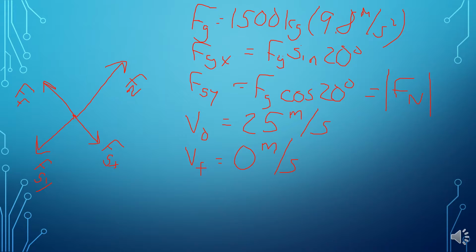And what I don't know and what I'm looking for is the displacement. I don't know that yet, and that's what I want to figure out. I apologize for my chicken scratch handwriting on this. I'm still getting used to this stylus, but hopefully you guys can read it, and please let me know if you can't.